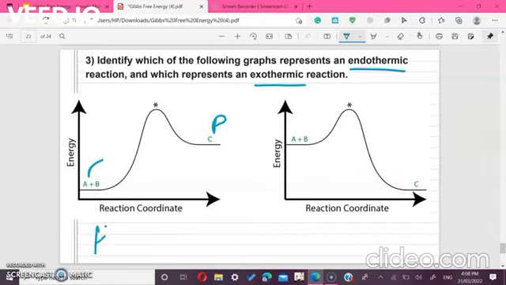To solve this question, we have to compare H final with H initial. H initial is here, since this is the energy of the reactants. This is the energy that we started with. And here's H final. This is the energy of the products. H final is almost here.